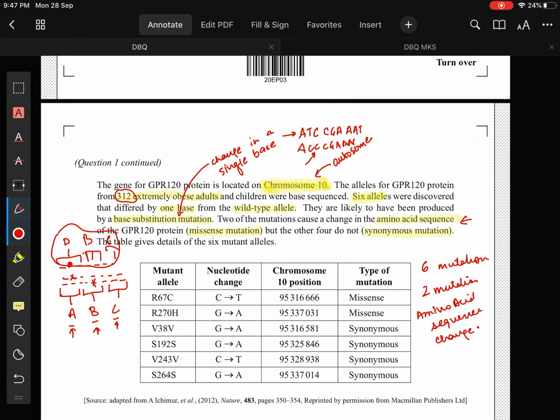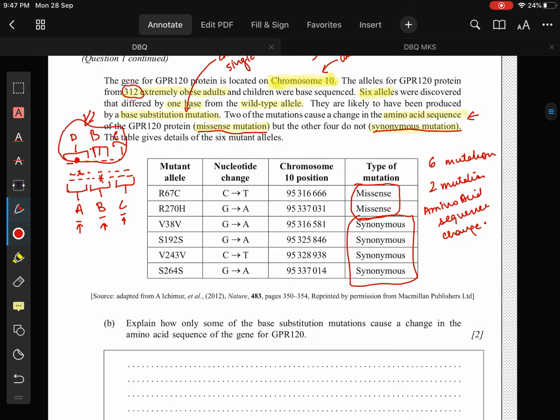So only 2 happen in this way. So there are 2 terminologies, missense mutation and synonymous mutation. Synonymous means it remains the same: though a mutation happened, the sequence of amino acids will remain the same. But if a missense mutation happens, it means now there is a change.